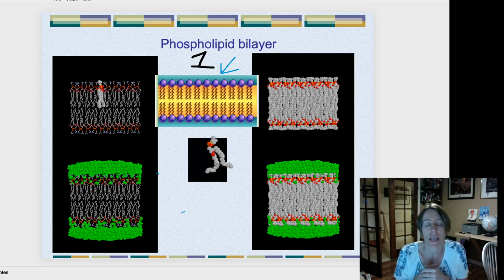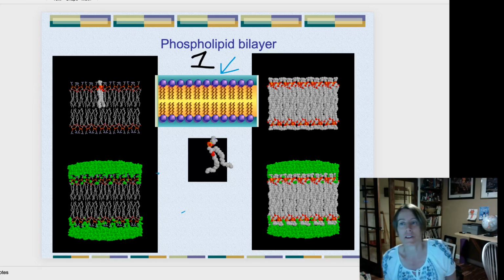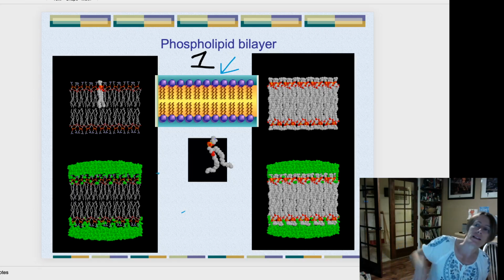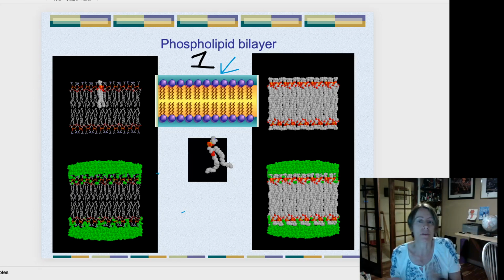It's like if you imagine a very crowded dance floor full of people trying to dance. They're all shoulder to shoulder and they're doing their best to dance in a club or something. Every now and then they'll bump into each other. Every now and then they'll dance apart and a little gap will appear. And that kind of happens all the time in the three-dimensional structure of the membrane.